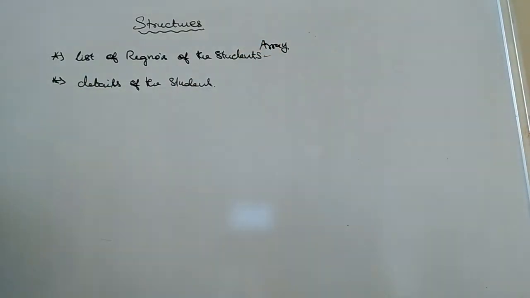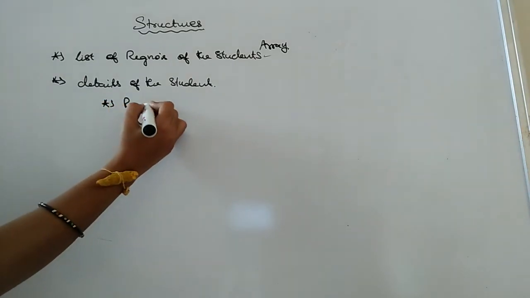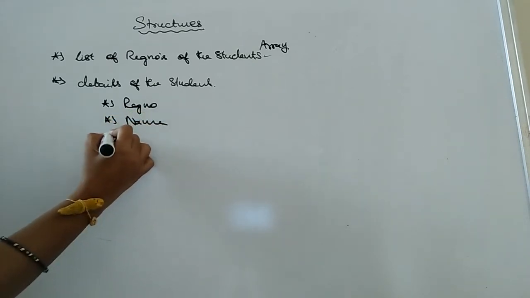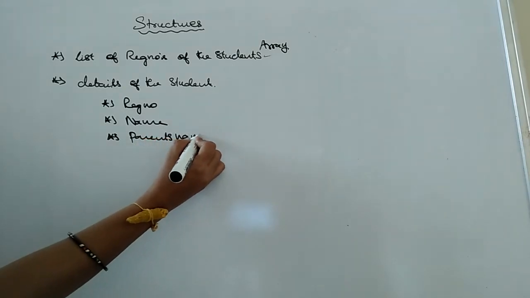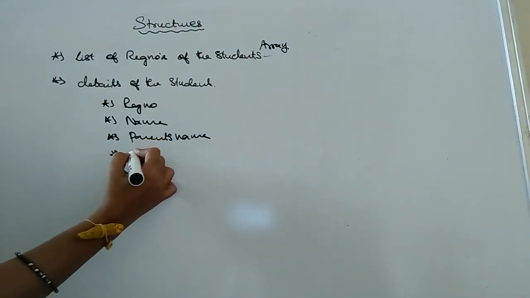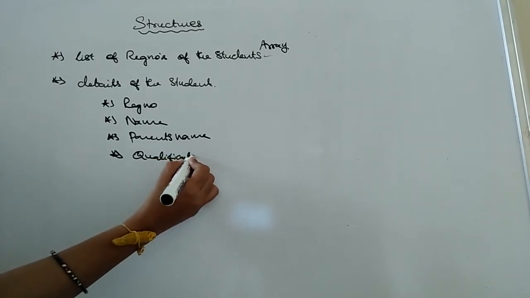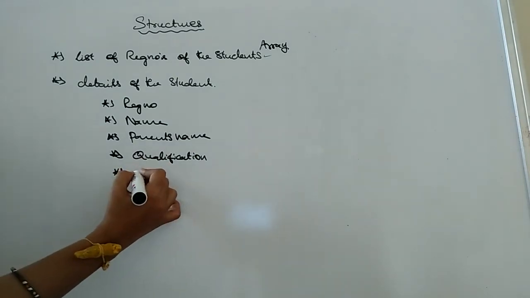But in the next statement, we have the details of the student. The details of the student may be a register number, the name of the student, parents' name, and in which section they are learning. So we may give it as qualification, currently learning, and then academic details.